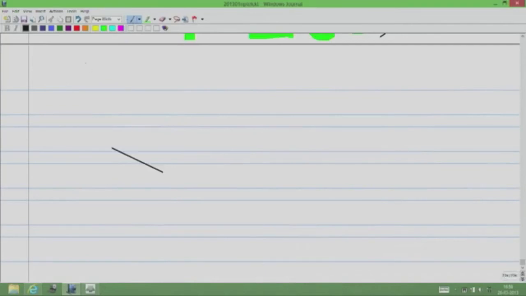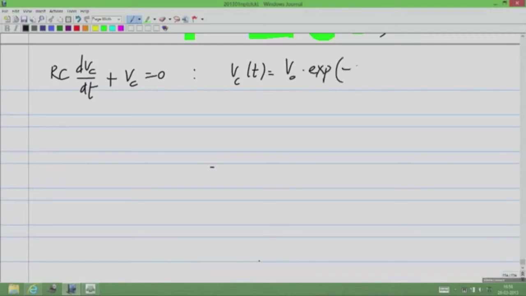So the solution to Rc dVc by dt plus Vc equal to 0 is Vc of t equals V0 exponential minus t by Rc, and V0 can be anything. As far as the differential equation is concerned, for any value of V0 this differential equation will be satisfied. But in our circuit we will need a particular value of V0. So how will we find this?